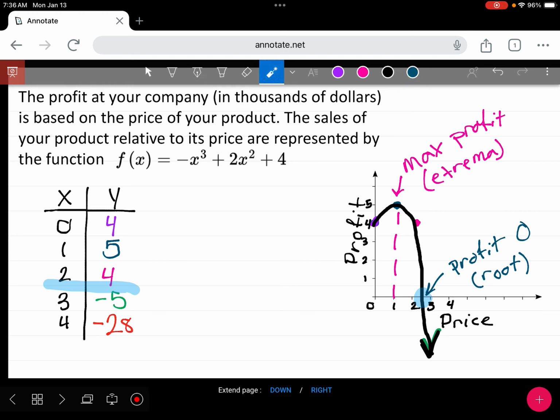How did I know, aside from the fact that I've done this before, that I did not need to keep going to see if this arrow will come up? How can I tell for sure that this right-hand arrow is going to go down? By looking at this equation. Yes.